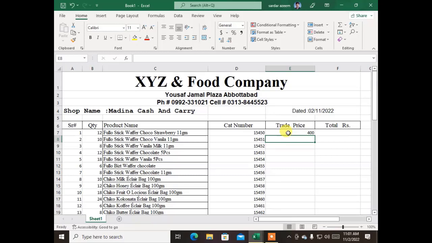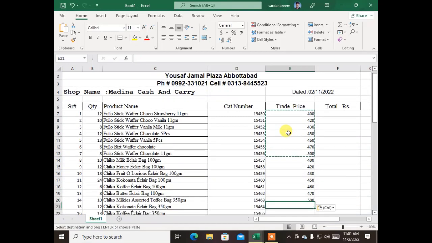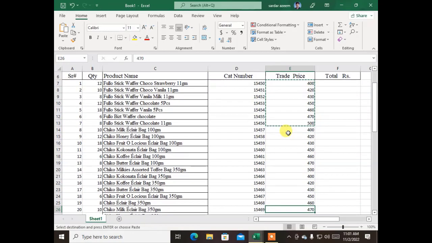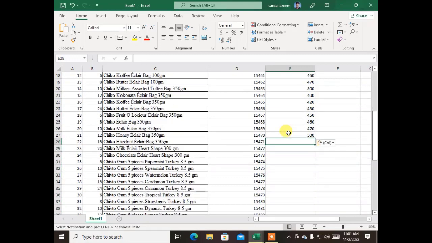The vanilla wafer is for 420 rupees, and this thing is for 430, 450, 460, 470 rupees, and this is for 500 rupees. We are going to copy these trade cells below also, so we may get the formulated result of our sale here.